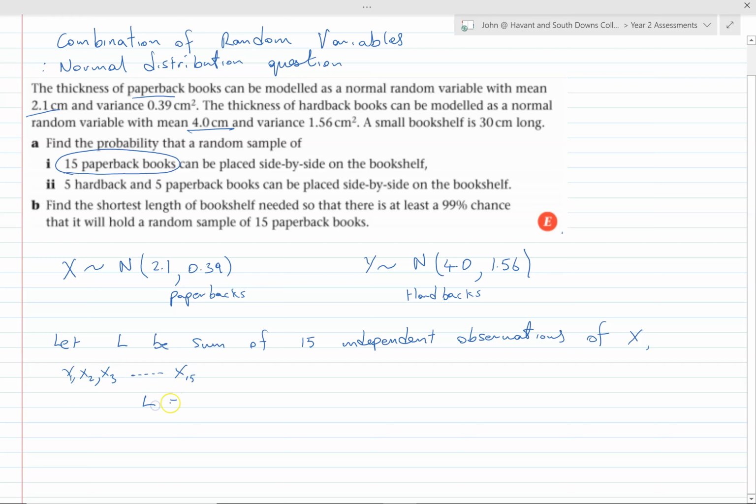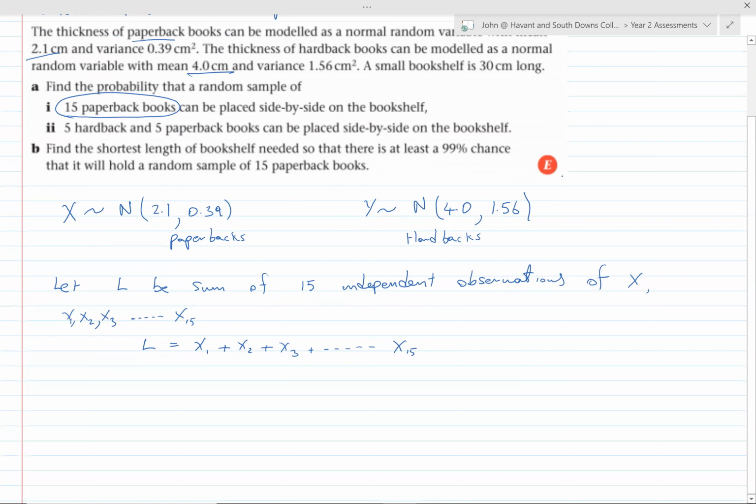So the length of these is X1 plus X2 plus X3 plus ... up to X15. Okay, we need to find the mean and variance of these.